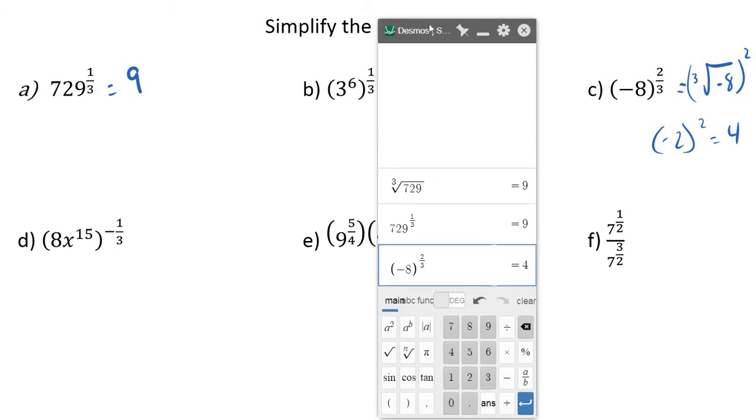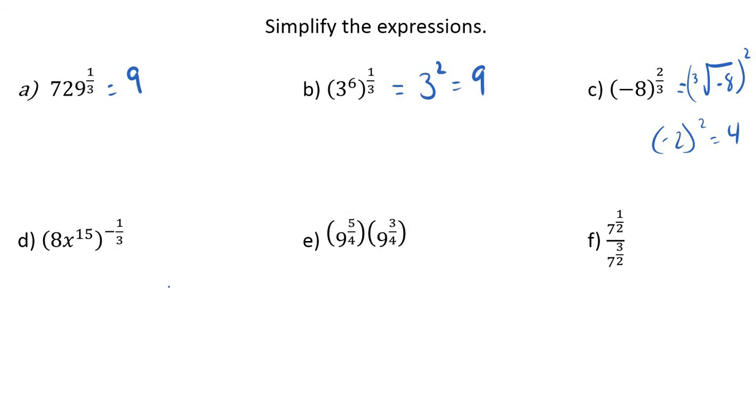Now, how about something like this? Let me minimize that for a sec. Now we have an x in there, so I can't just plug this into a calculator, but I can remember negative exponent, so we could just flip the whole thing. That means 1 over 8x to the 15th, all to the 1/3.